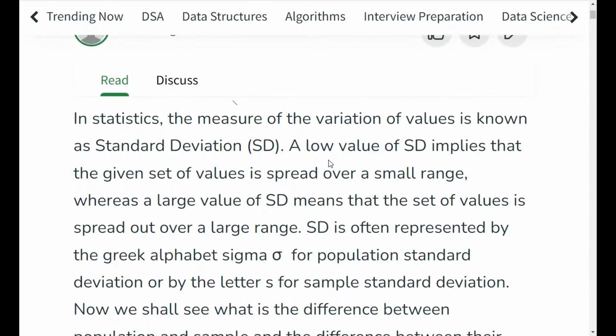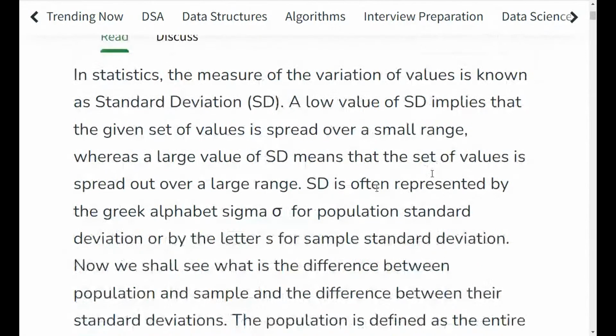Small standard deviation means small variation. 120 blood pressure, 130, no problem. Small variation, 120 to 130. That's how a small standard deviation gives us a small range indication. When a bigger value of standard deviation comes, there is a large number of variations happening in terms of numbers.